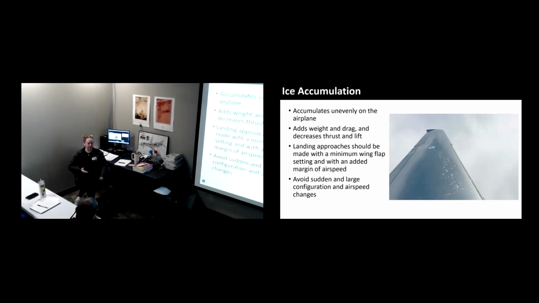You didn't realize anything was happening because it's so gradual. Yeah, the autopilot will kick off when it gets out of tolerance, and you'll be like, "What the hell?" And then you're going to be panicking. So don't fly IFR in near freezing conditions. There's no reason for small airplanes like ours to do that.